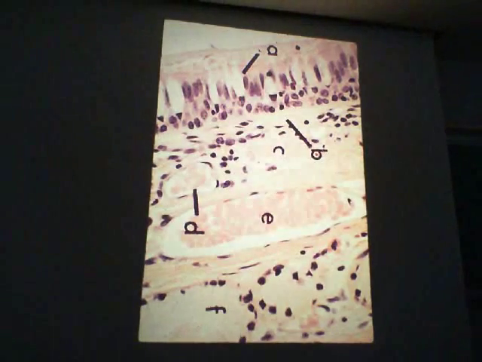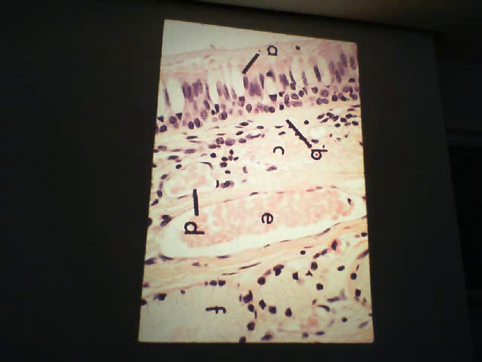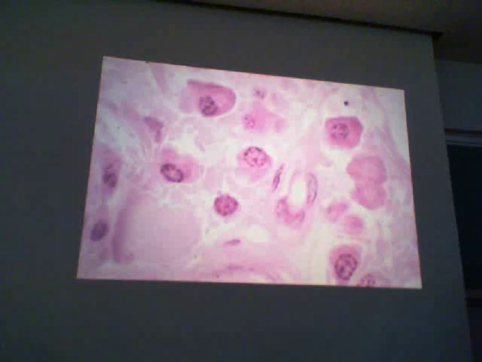And this tissue right here, what is that? Stratified columnar epithelium. And we've got a cell right there and one right there. What are those cells? Plasma cells. What do they secrete? Antibodies.